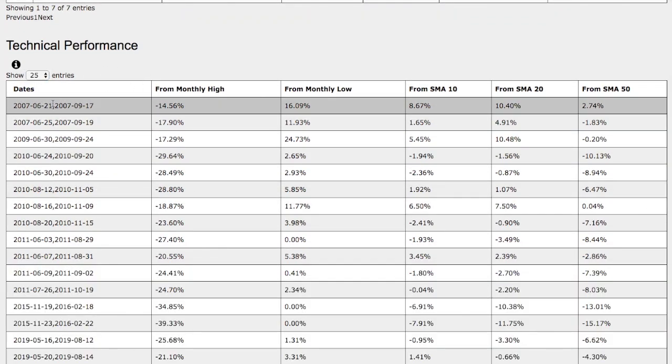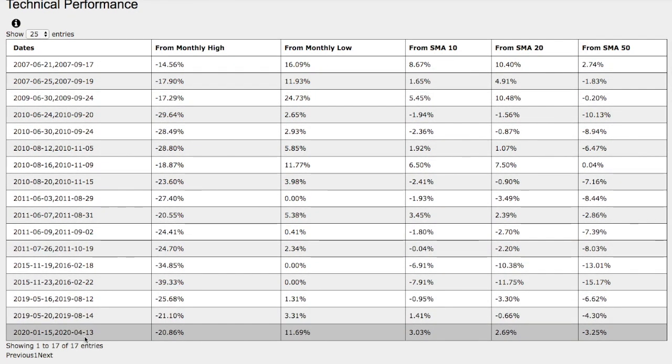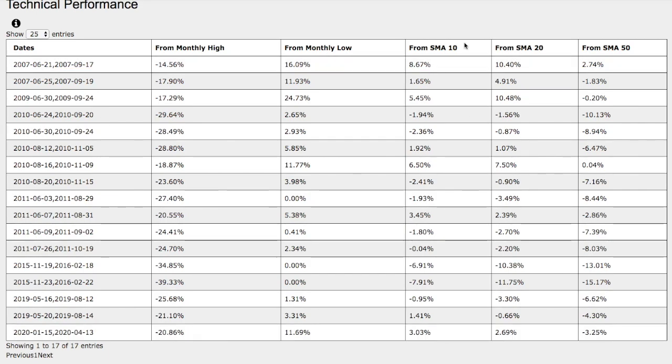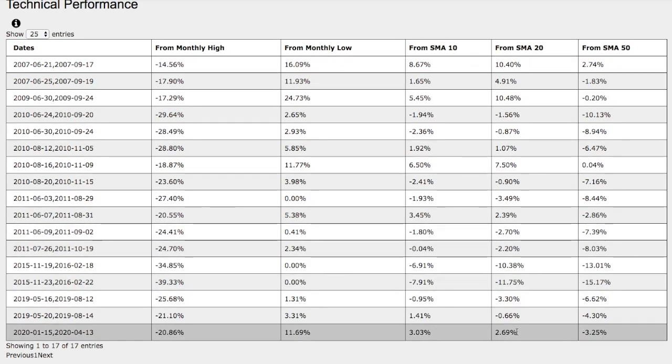So let's examine the model that we found, which was June 25th, 2007 to September 19th, 2007, with the trend that we're currently in. We are currently down 20% from monthly high, up 11% from monthly low, up 3% from 10 simple moving average, up 3% from 20 simple moving average, and down 3% from 50 simple moving average.